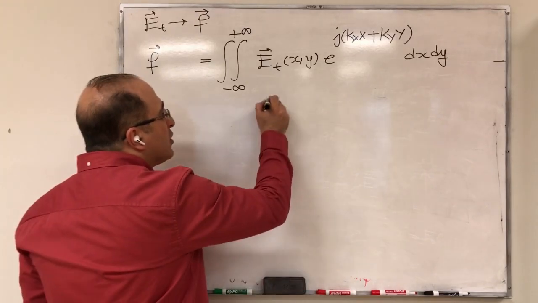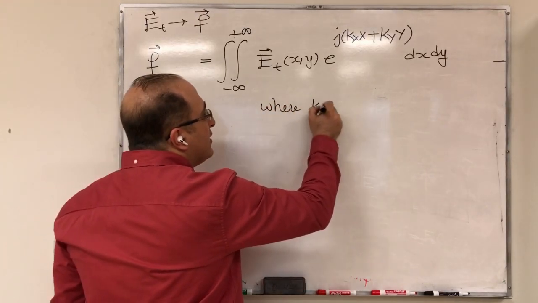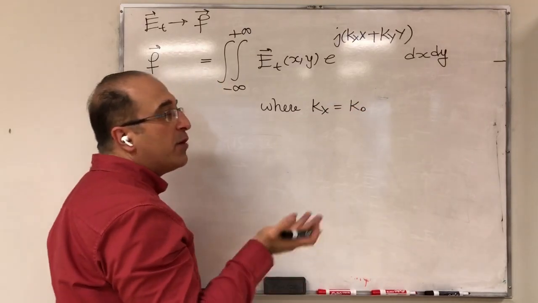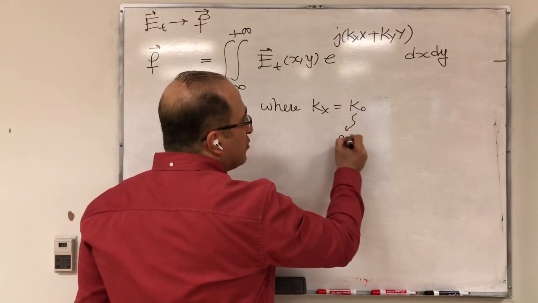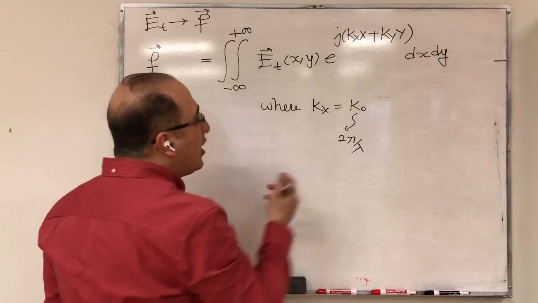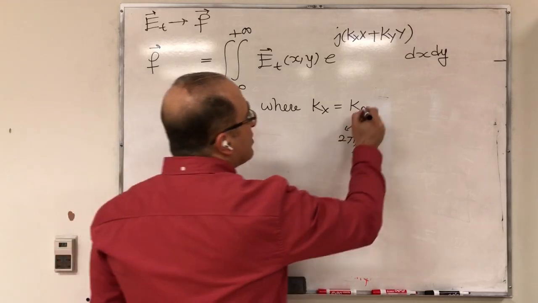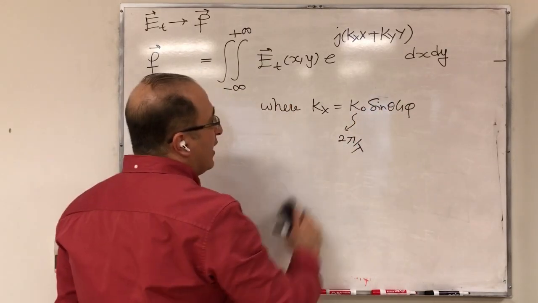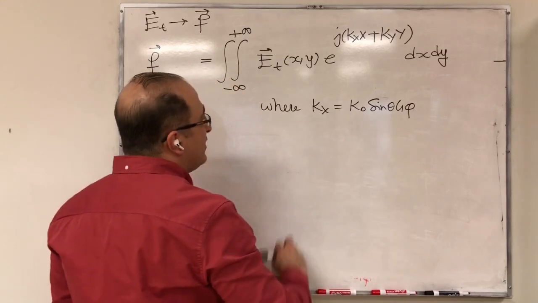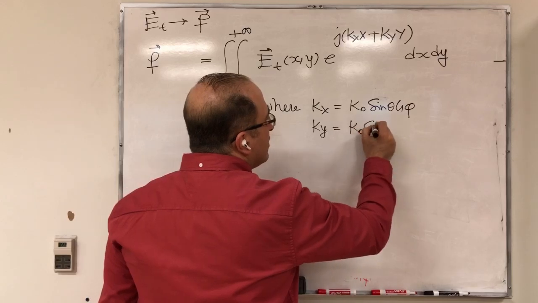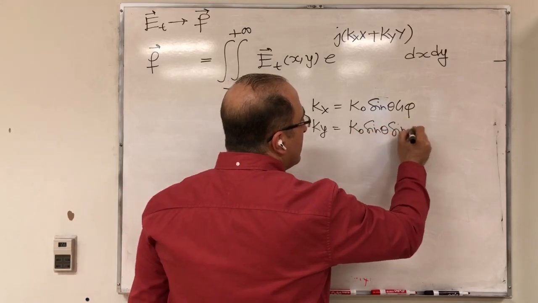So now I'm also going to say where kx is k naught, or just k, that's wave number in free space, which, as you know, is 2 pi divided by lambda. So if you put naught, you're emphasizing that you're in free space. Sine theta cos phi, and ky is k naught sine theta sine phi.